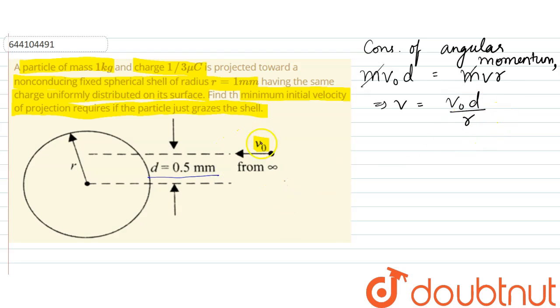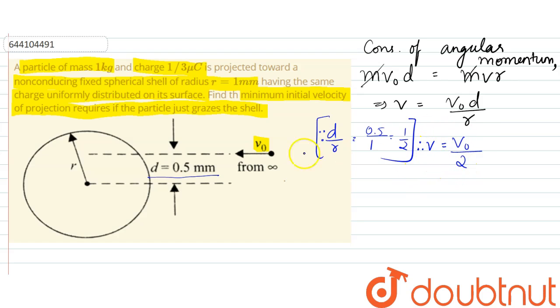So v equals v naught by 2, because d by r is 0.5 by 1, which is half. Therefore, v equals v naught by 2.